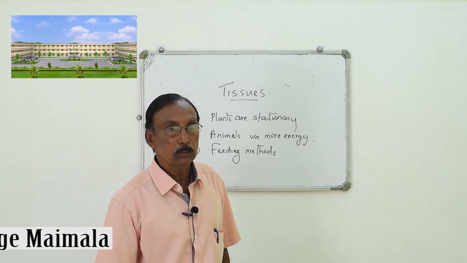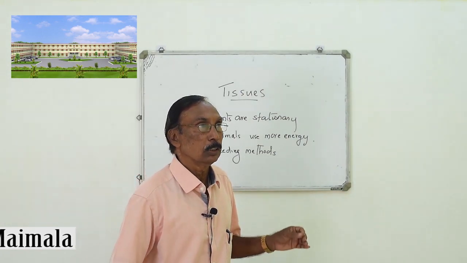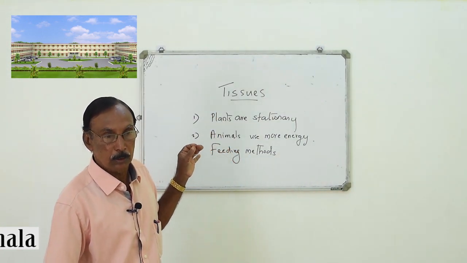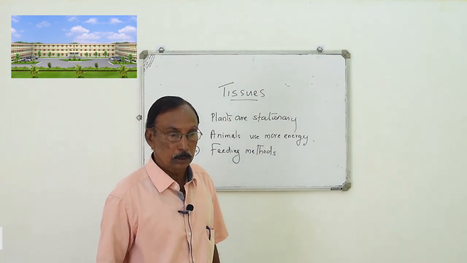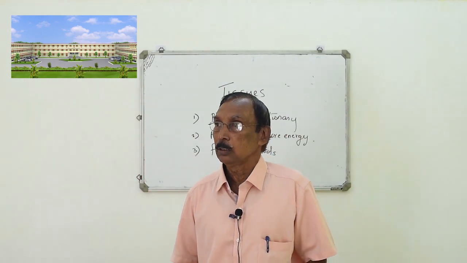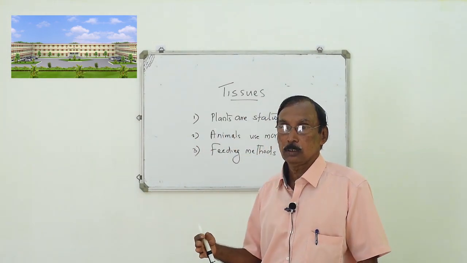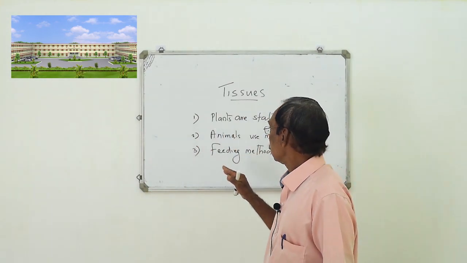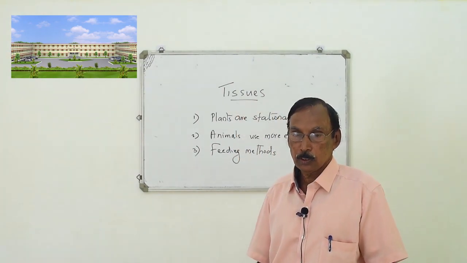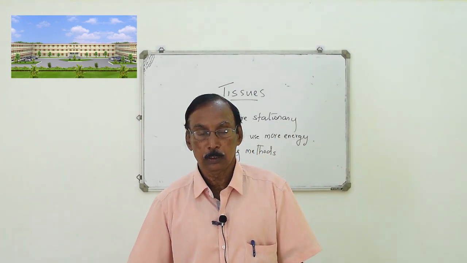In multicellular organisms, different tissues are present, and each tissue is doing a particular function. I explained that muscle is doing one function, nerve cells are doing another function. And why is there difference between plant and animal tissue?